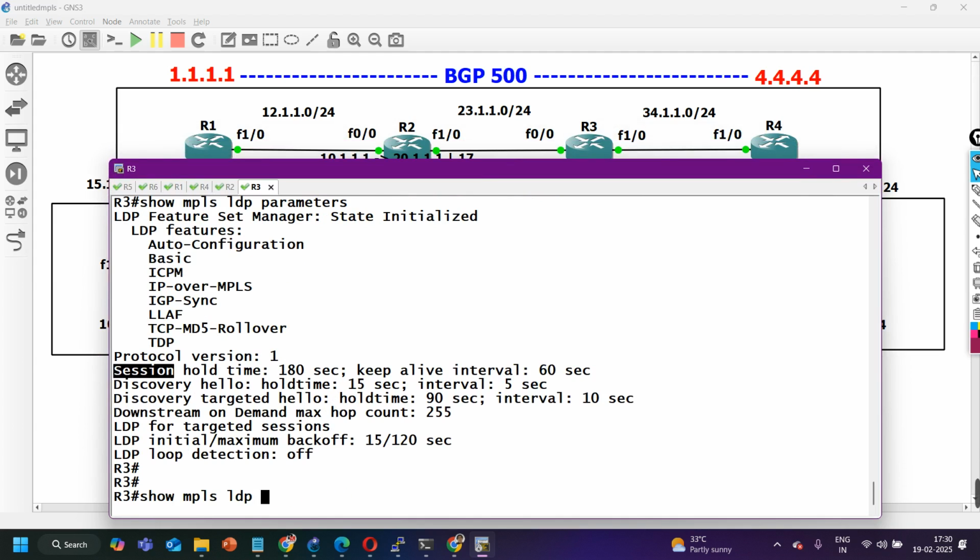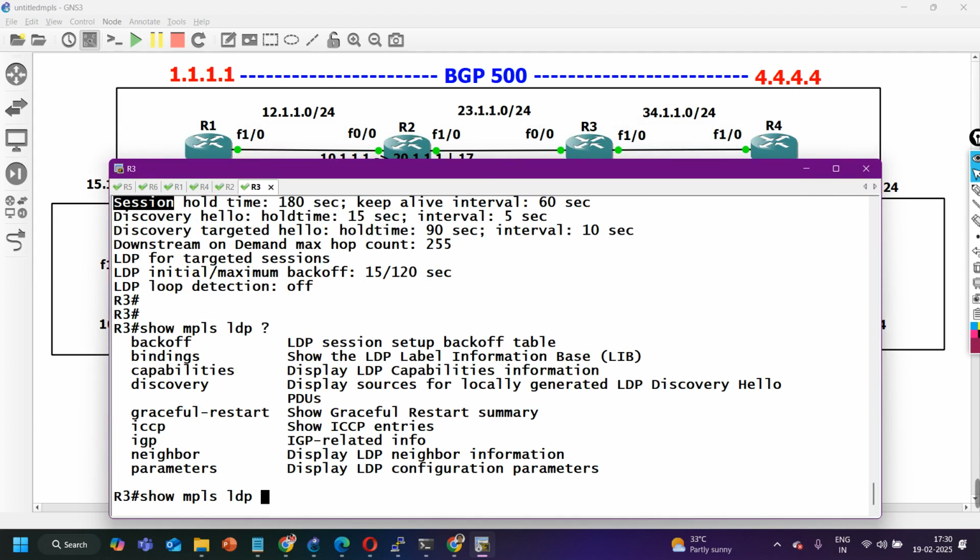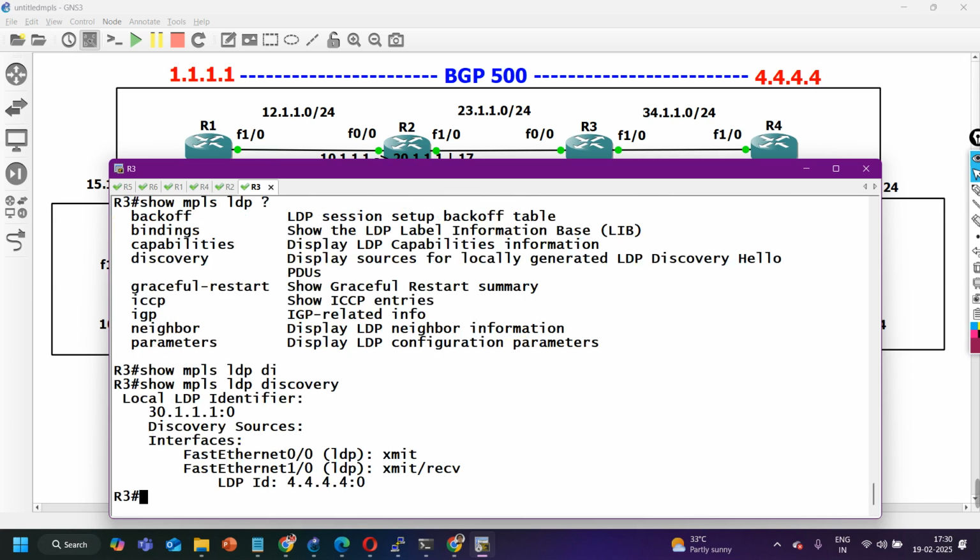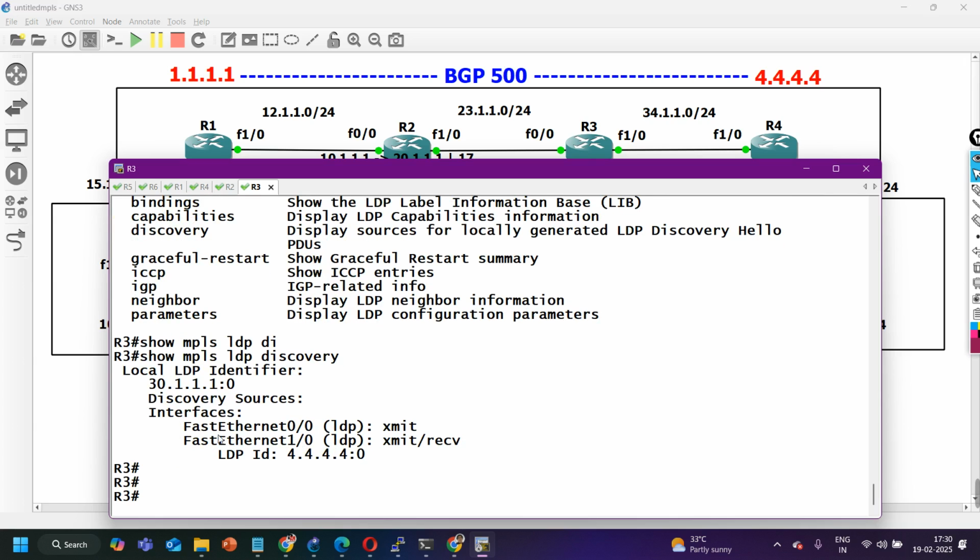So LDP, is there any other command available? Discovery. Okay, here we can see one thing, guys.